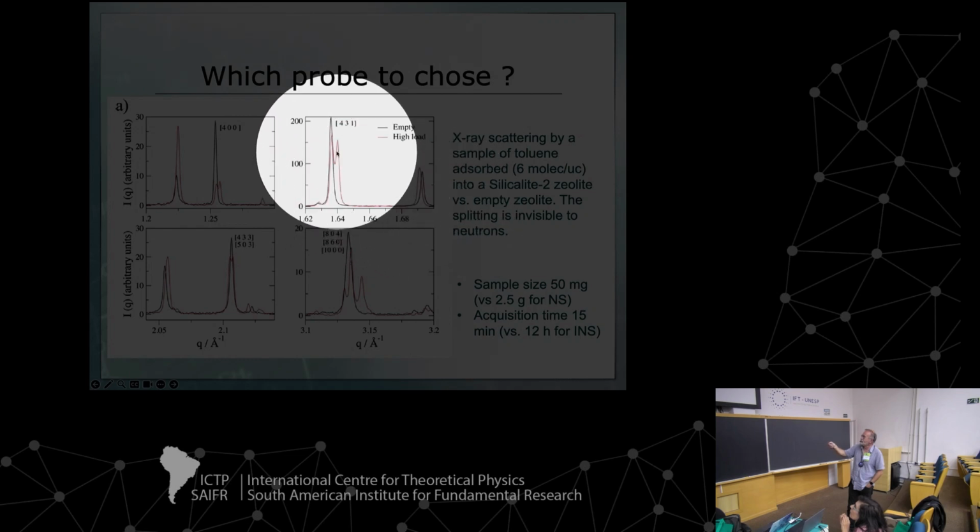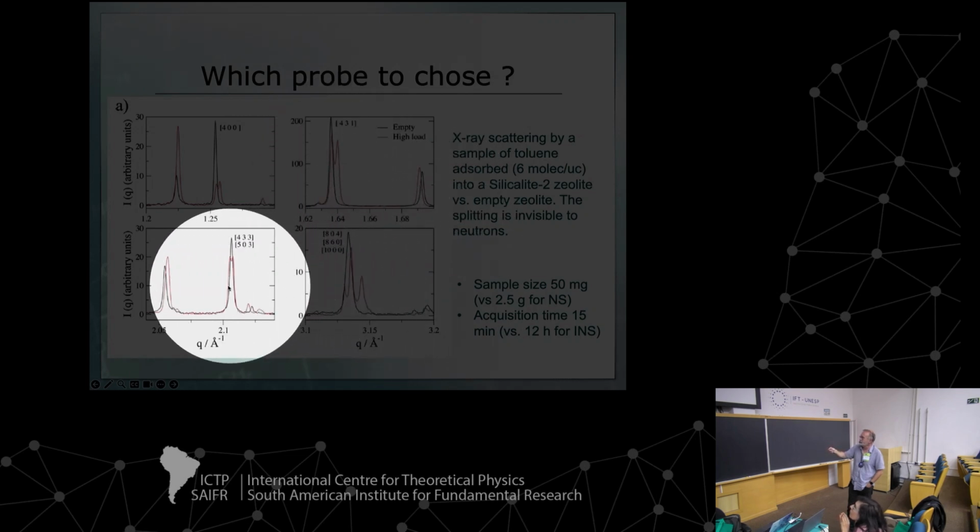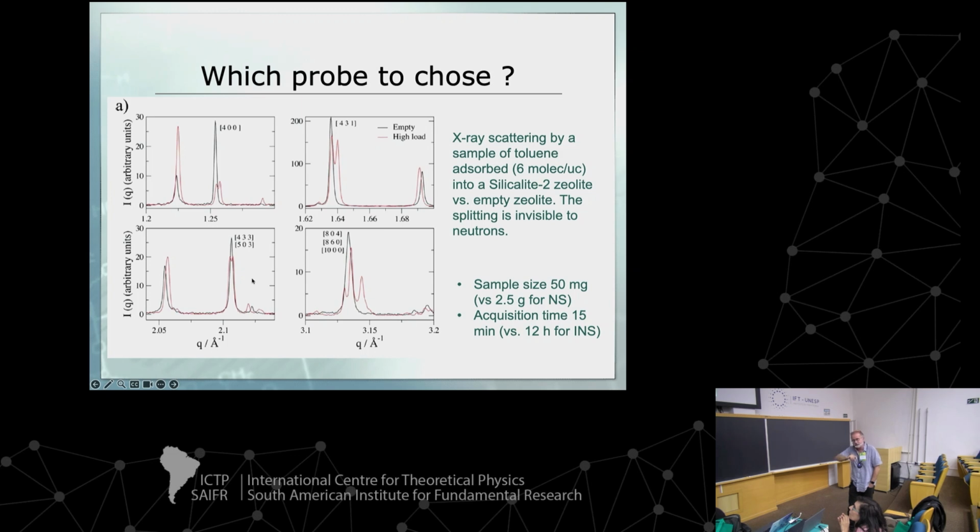Well, all this splitting that you see here, that is very important to see the structure of toluene inside the zeolite, disappears if you use neutrons. You just get a single peak. And that's because of the high accuracy of the X-rays from synchrotron sources, right?